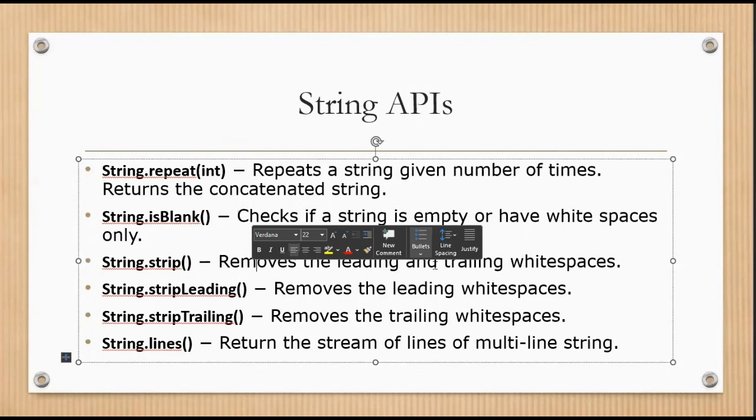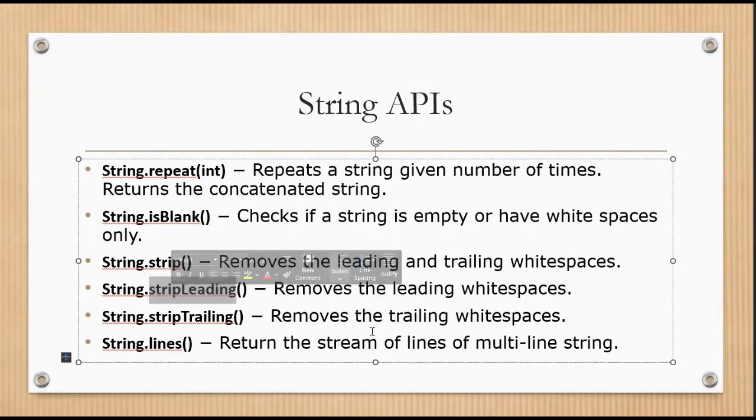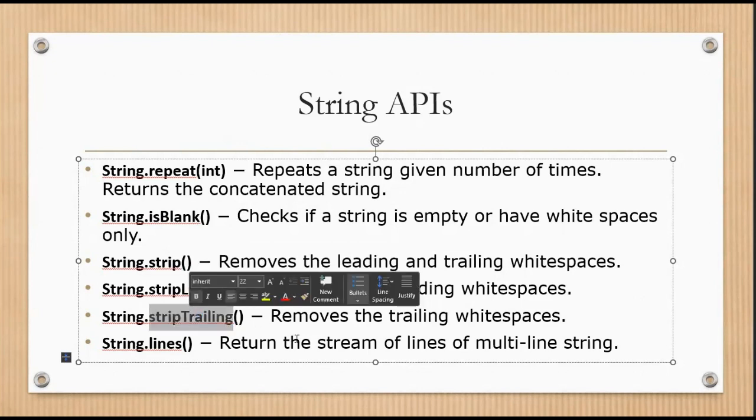It will trim both the starting and ending, removing the white spaces from the beginning and the end of the string. If you want to remove only the beginning, you can use stripLeading, or for the end you can use stripTrailing, which will remove the spaces at the end of the string.